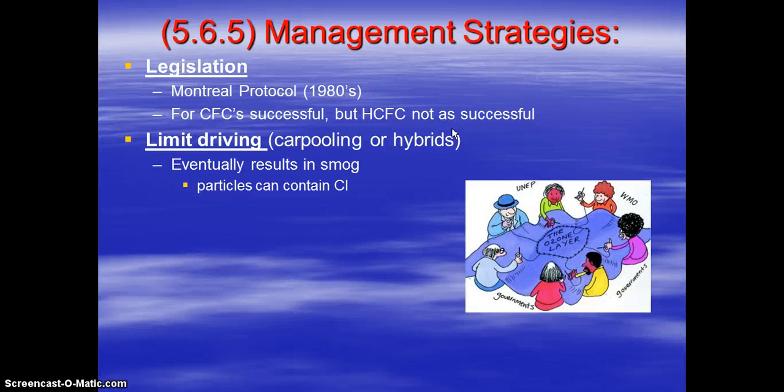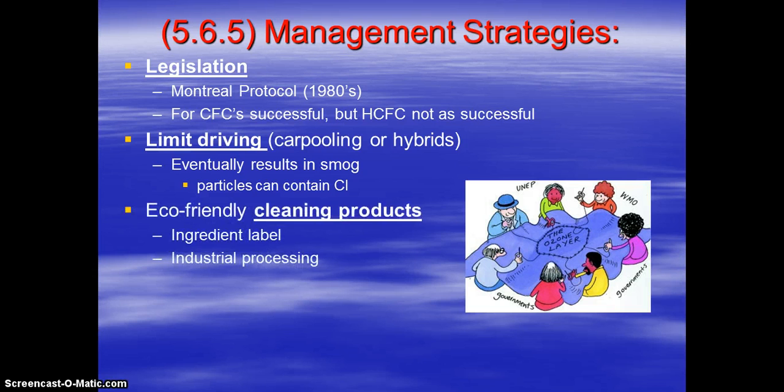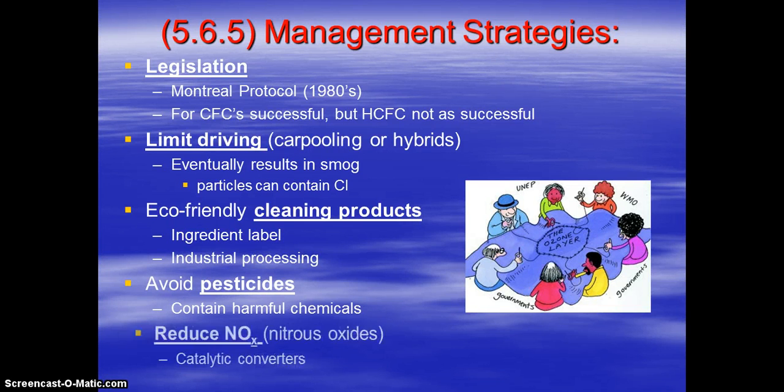We could limit driving, right? Because driving is going to relate to smog, and it might also relate to how much CFCs are being produced. We could use friendlier cleaning products that don't use CFCs in general. And we can avoid pesticides that also might contain CFCs and other harmful chemicals.